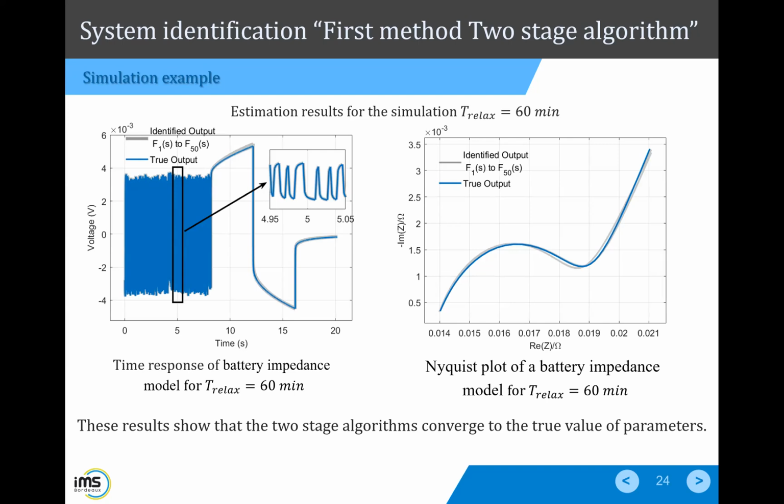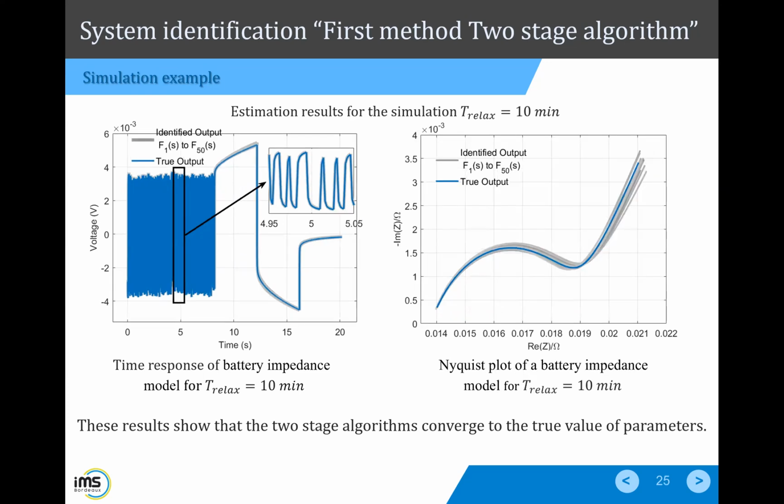The results we had from this simulation are shown in this slide. As you can see, the different identified outputs for the 50 models fit the true output perfectly, for the time response and also for the frequency response.